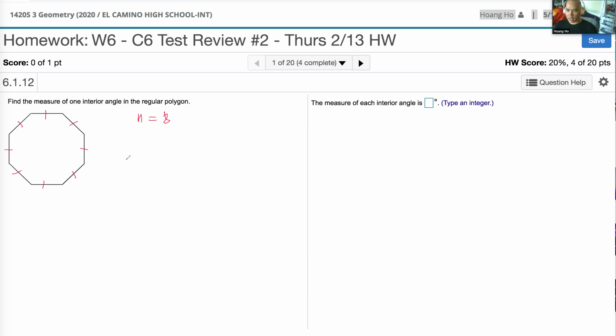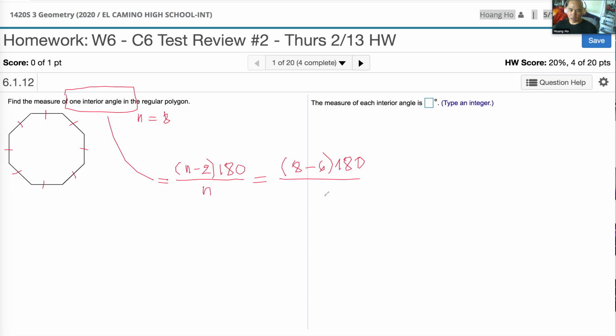If you want to find the measure of one interior angle, you've got the formula: equals (n minus 2) times 180, and then you divide by n. Let's substitute it in. You've got n equals 8, so (8 minus 2) times 180 divided by 8.